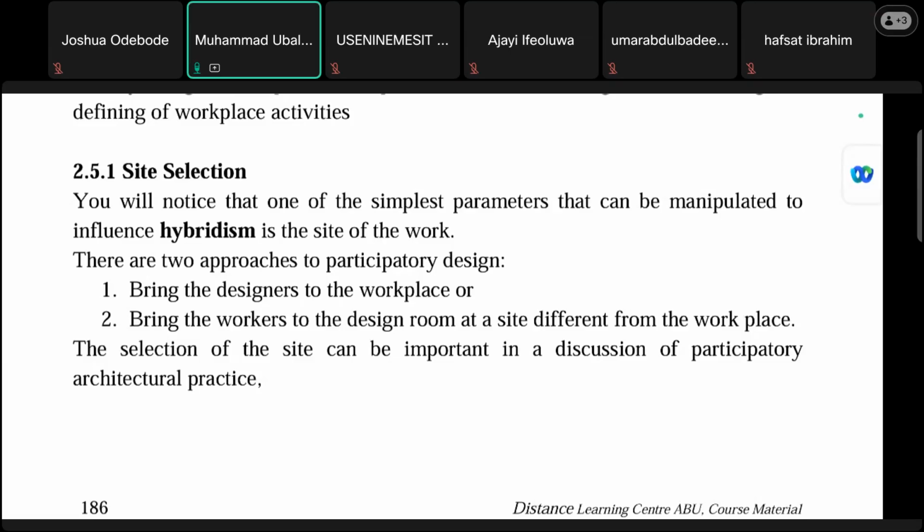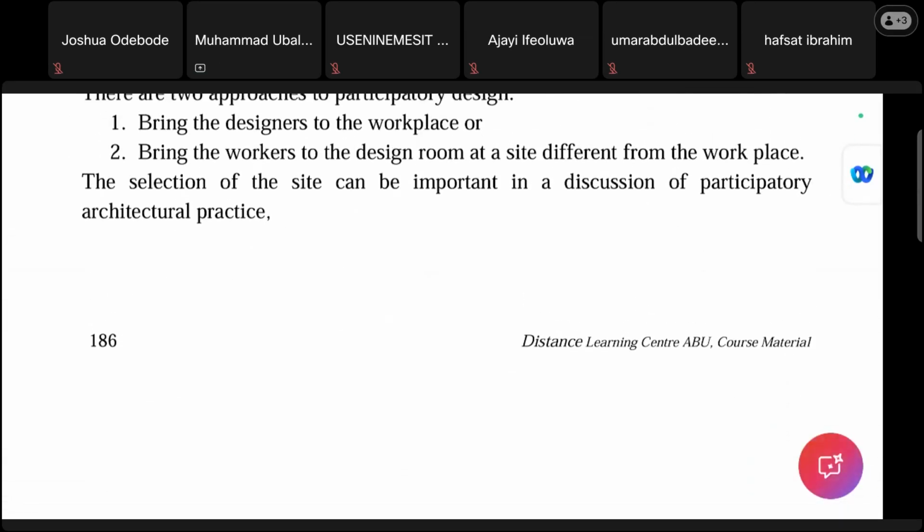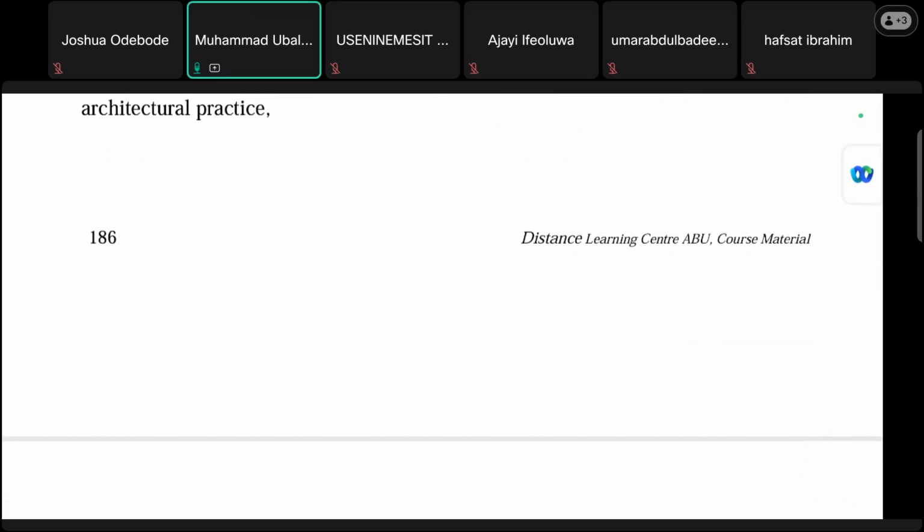So we have to choose a place that is both suitable as well as friendly to the users. Now, what is the benefit? The benefit of this is that there is better understanding of user context. There's also increased ownership and participation. There's also an exposure to new perspectives or new ideas.